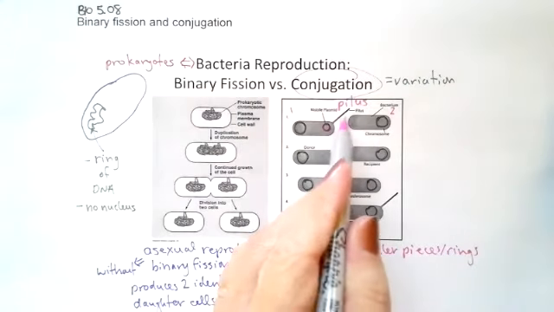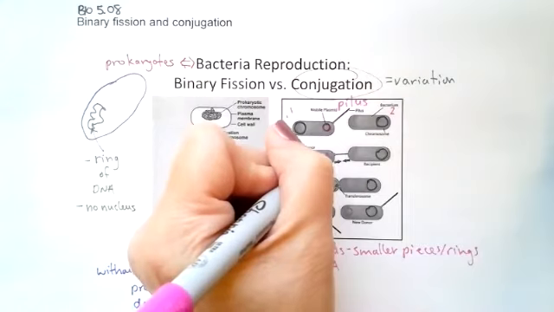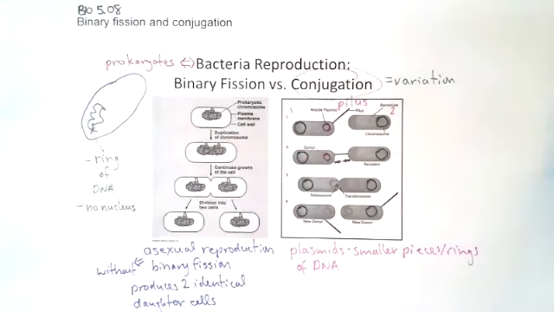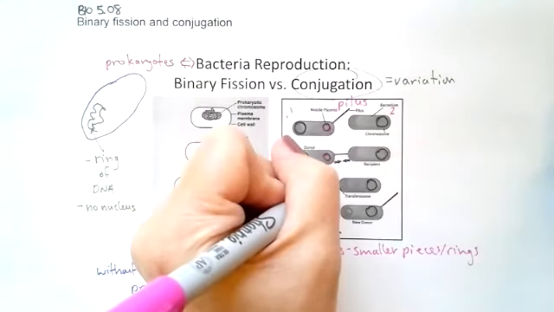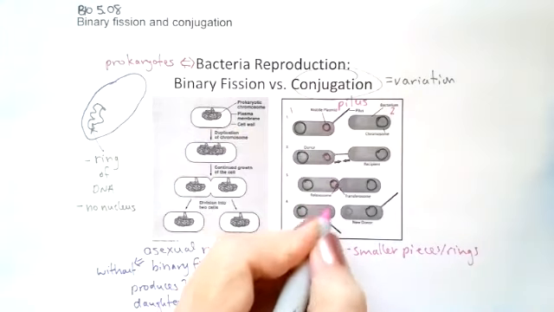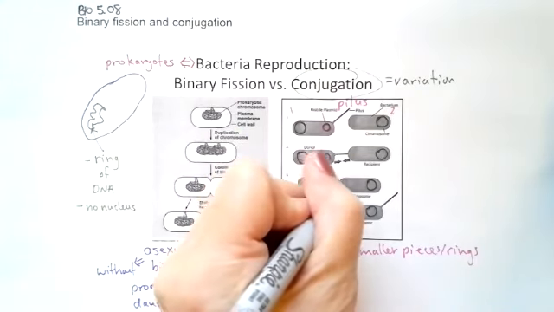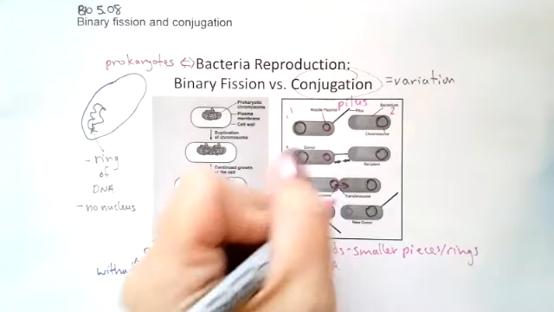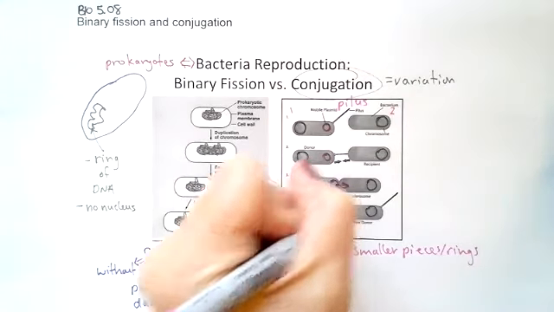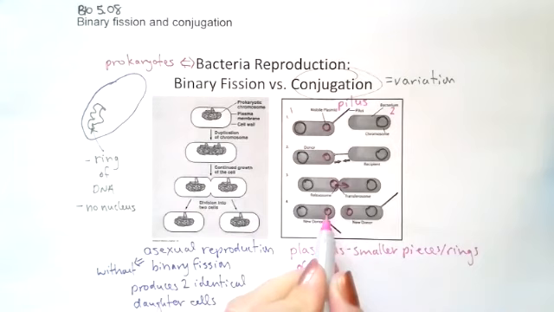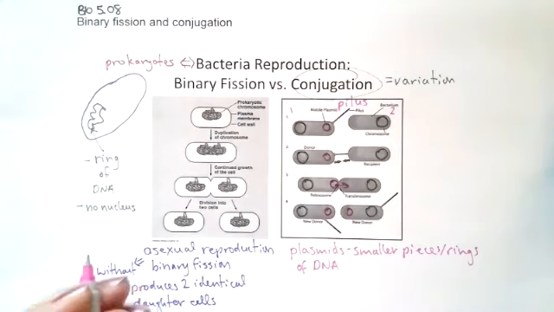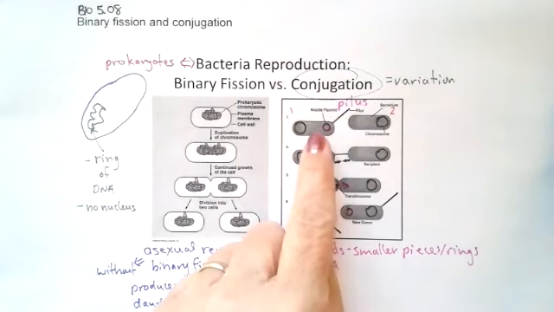So what happens is they use this pilus and they make a connection. And they create a copy of this plasmid that gets sent to the next bacteria, so that by the time they're done, this piece of genetic information is in both of them. Before we define conjugation, let's talk about how that could be helpful. Maybe this is a bacteria that survived an antibiotic.